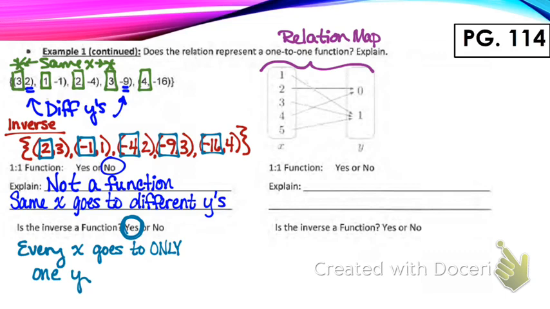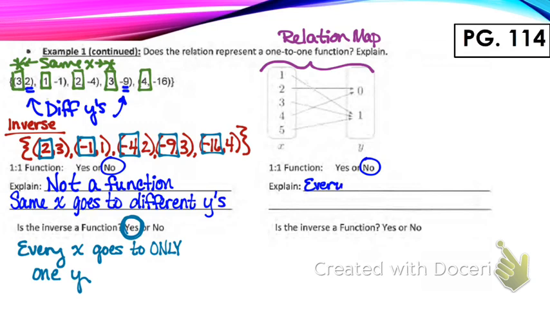Is it a one-to-one function? No. Why not? Every x has only one arrow coming off of it. It's only pointing at one y value. But when I go over and look at the y's, there are the ends of many arrows pointing at each of these. So every y didn't come from only one x.